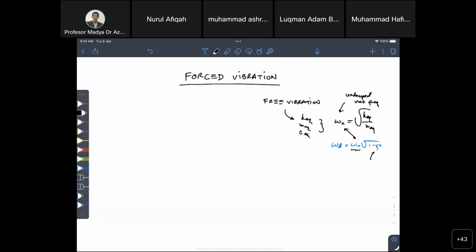And the damping loss factor, you have done it already in section damping loss factor. In section 24, if I'm not mistaken, or 25. Yeah. But damping loss factor is usually very small, 0.1, 0.01, 0.2.